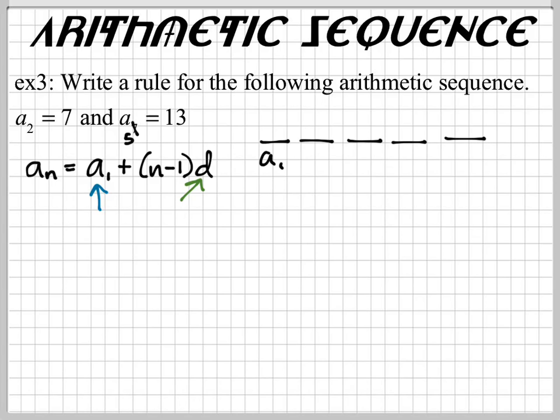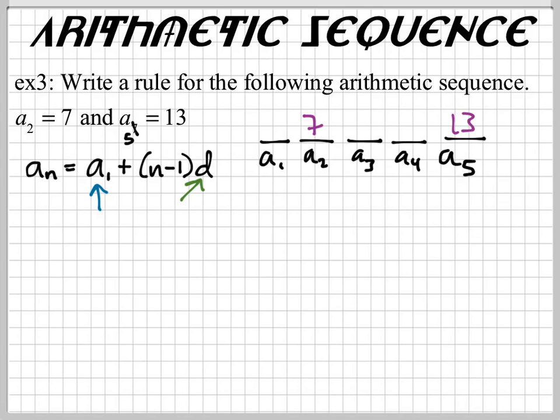So that's a sub 1, a sub 2, a sub 3, a sub 4, a sub 5. And we know that the 5th term is 13 and the 2nd term is 7. Now I picked a problem that we can do all this stuff with, but there are some problems where you can't. So try to understand how we go about finding this.